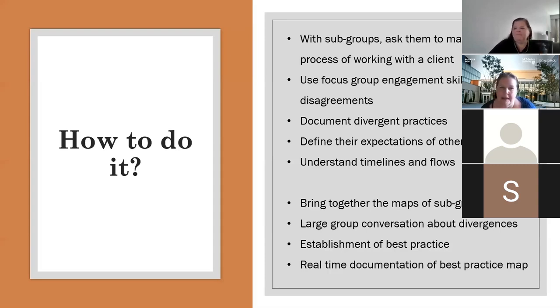Being able to understand the reasons behind divergence in practice becomes really important to unearth if there are judgments being made about, say, a particular client from the information that you have when they come in that's causing that divergence, or if it's something that someone learned from their mentor 30 years ago and it seemed really good and so they've just stuck with it.